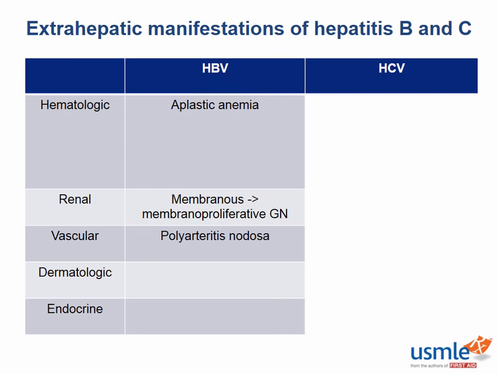So why does it have this close association with hepatitis B? What is the big deal about hepatitis B and polyarteritis nodosa? Well, if you remember back to our vascular section, 30% of patients with polyarteritis nodosa have chronic hepatitis B. And if you look at the pathology of these affected vessels, there are actually deposits containing hepatitis B surface antigen and our antibodies complexed together.